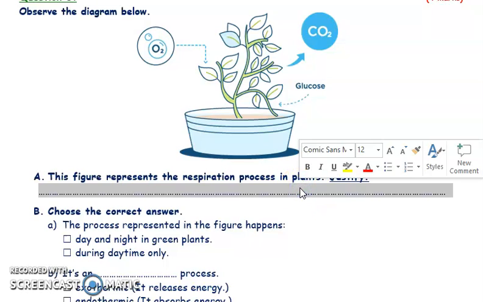The plant takes in oxygen and releases carbon dioxide. So this is respiration. This is what happens during respiration.